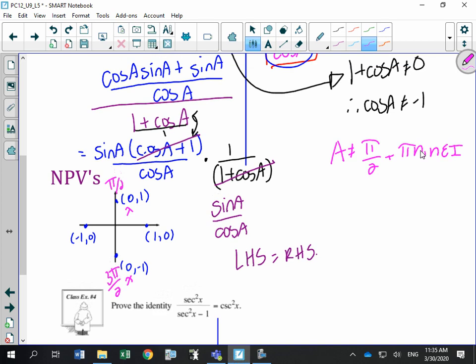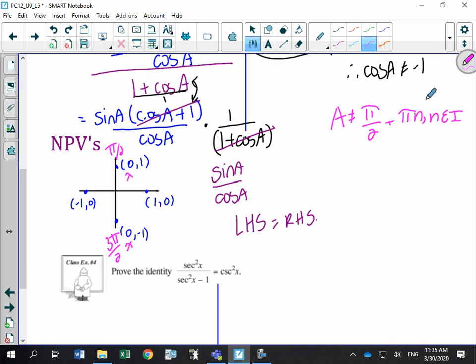Next, I'm going to go over where cos of A is equal to -1. So where is x equal to -1? That would be right here, and that's at pi. So that restriction would be A cannot be equal to pi plus pi n, n belongs to the set of integers.